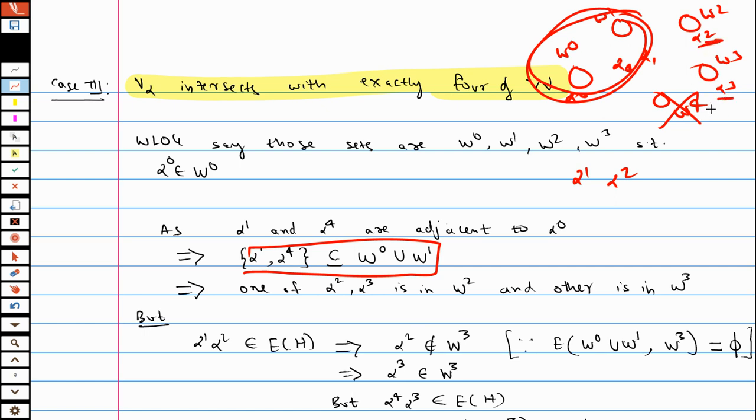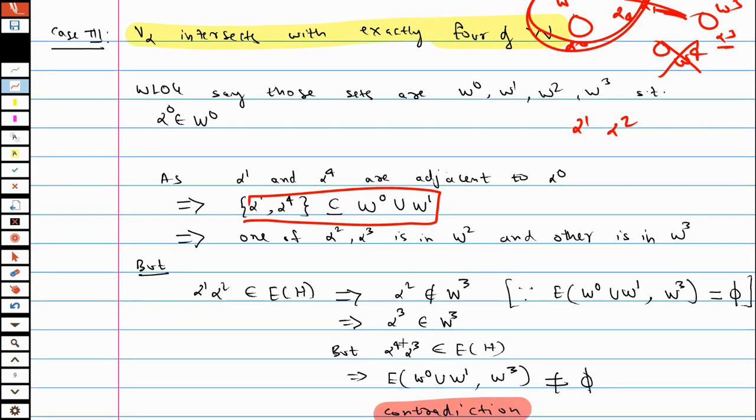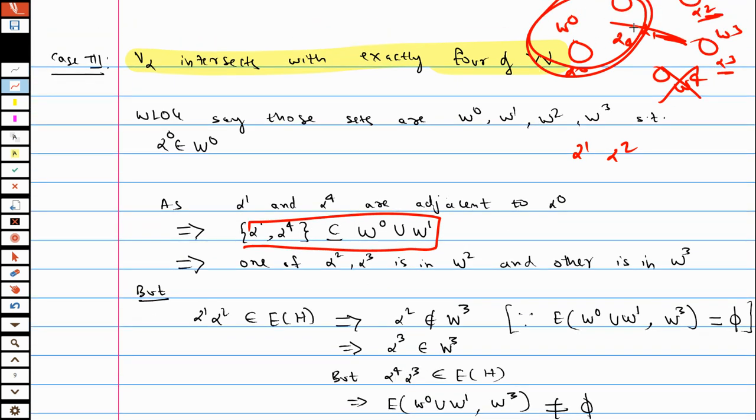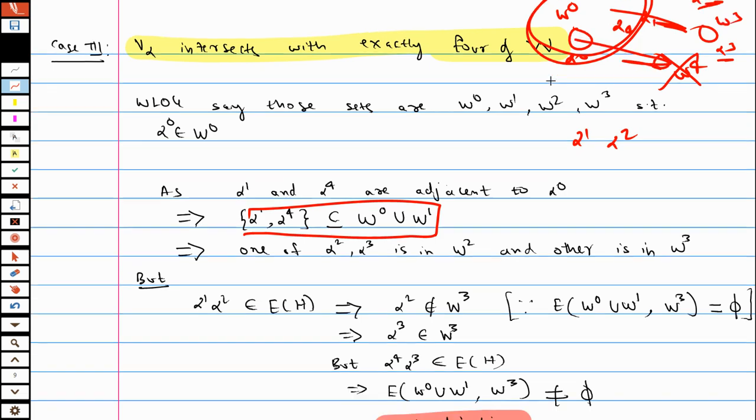So alpha 3 has to be in W3 because it intersects exactly 4. But we also know that alpha 4 and alpha 3 is an edge. So that is a contradiction, because we have an edge from alpha 4 to alpha 3.